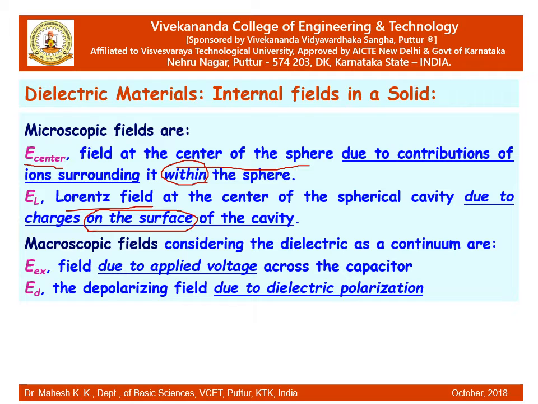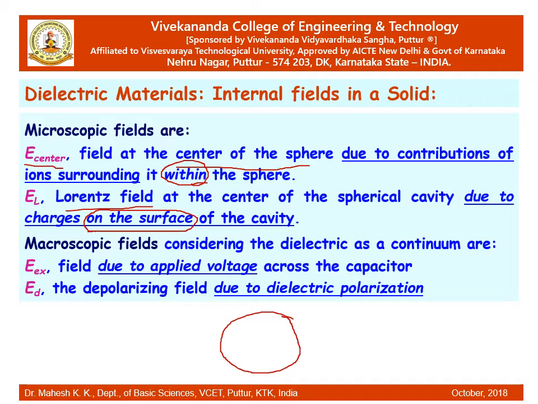This you should imagine. The first one, E center, is within the sphere, and the second one, the Lorentz field, is due to the charges on the surface of the cavity. Cavity means within the sphere itself, but on the cavity surface. You should consider a hollow sphere.